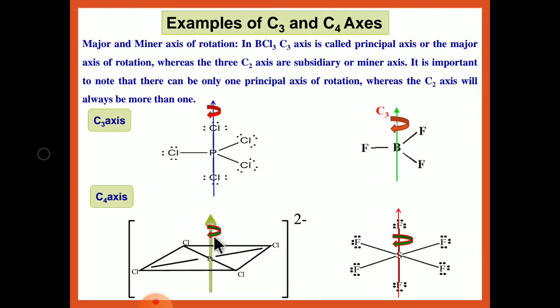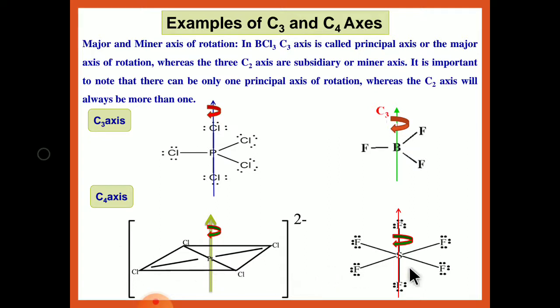So this is the C4 axis, which is the principal axis, and here four C2 axes are passing through this molecule. One is ClPtCl first, second is ClPtCl, and third and fourth are passing through the platinum atom, one vertically and one horizontally.